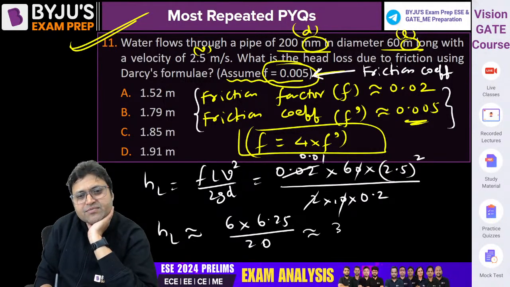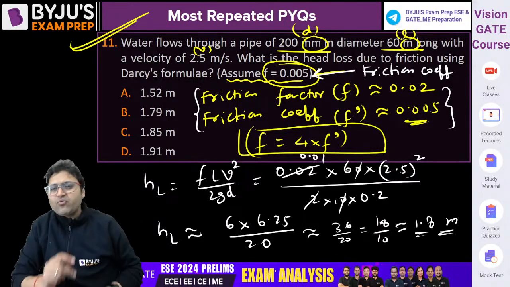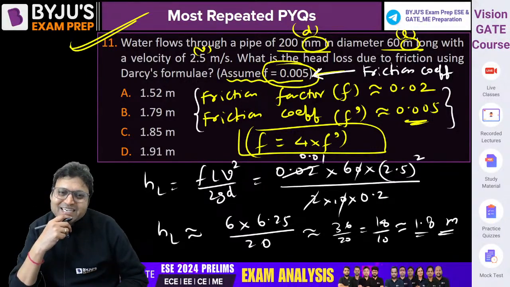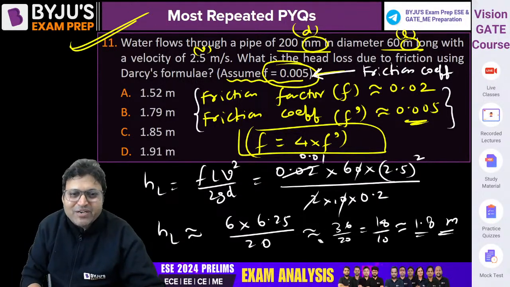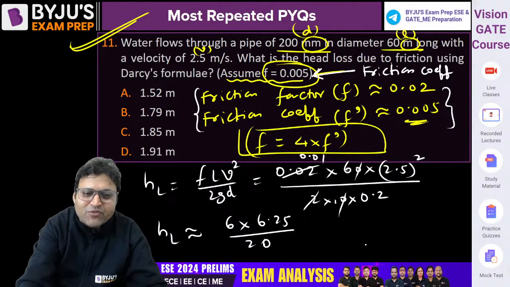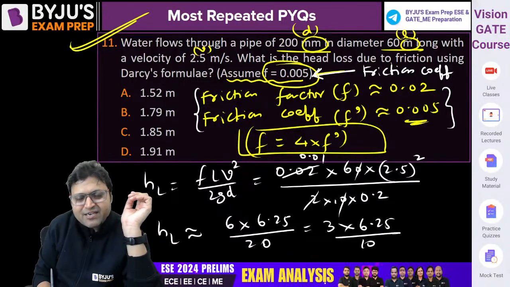36 by 20, 18 by 10. It is 1.8 something. It will be something around 1.8. Is it 1.8? It will be greater than 1.8. Yes. It will not be 1.85. That is what you need to take care. Exact value you can find out. Here you can find out the exact value. So it will be 3 into 6.25 by 10.